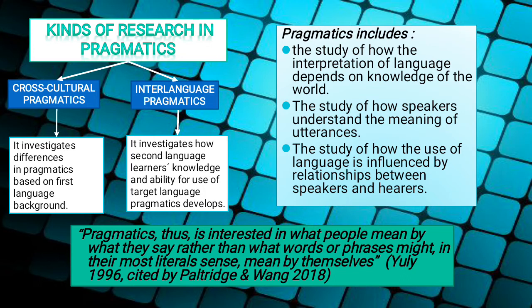This is so important because pragmatics is interested in what people mean by what they say rather than what words or phrases might, in their most literal sense, mean by themselves.